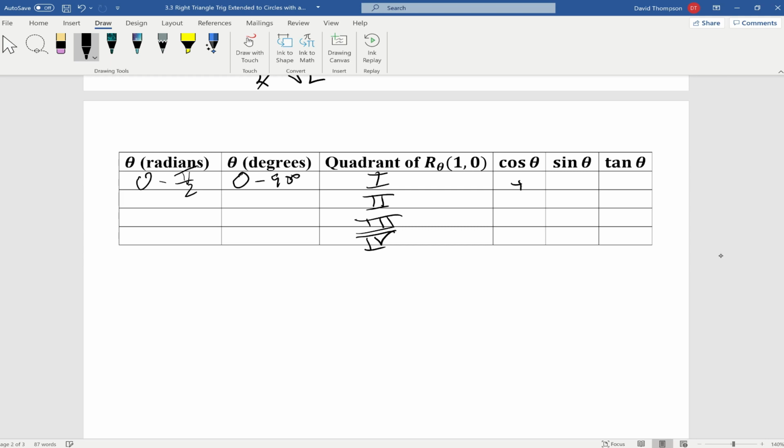Cosine is positive, sine is positive, and tangent is positive. In quadrant 2, we go from pi over 2 to pi, or 90 degrees to 180 degrees. The x's are negative, so cosine is negative, sine is positive because that's the y value, and tangent is negative.